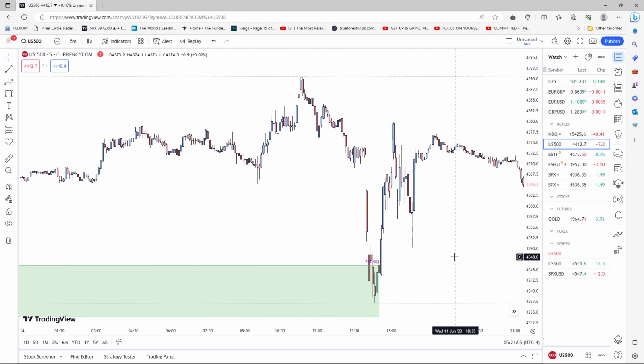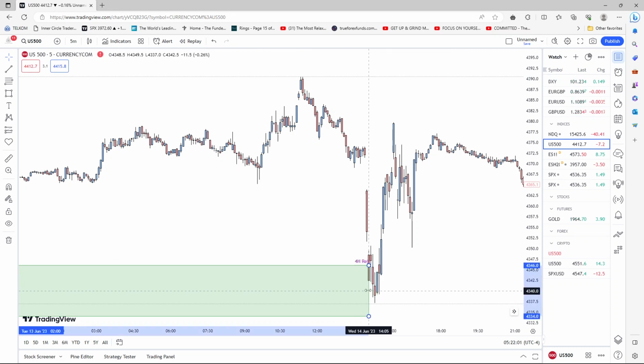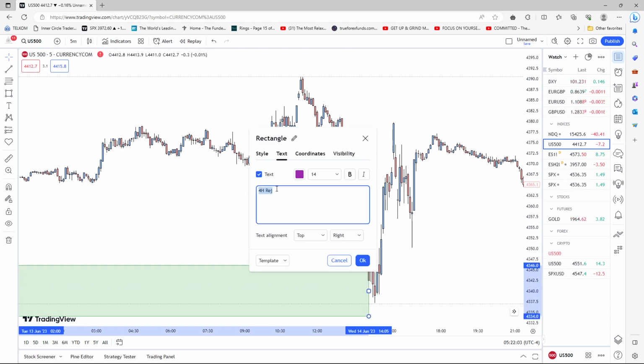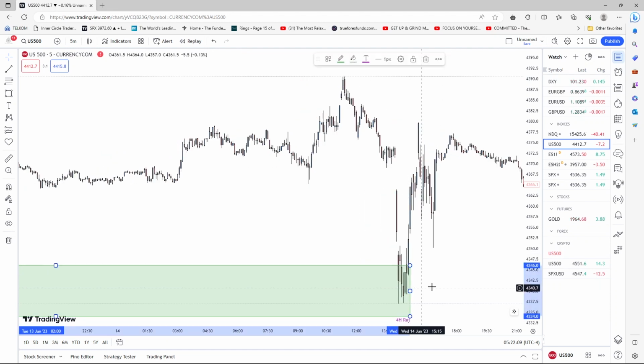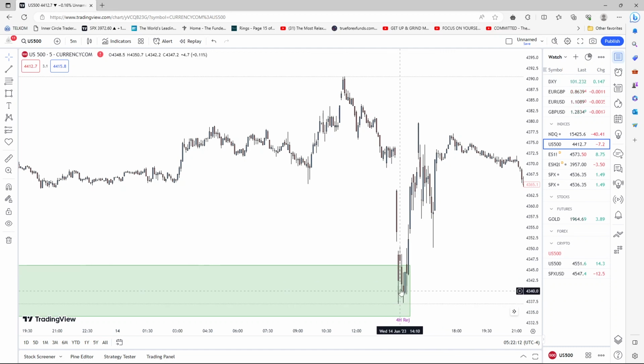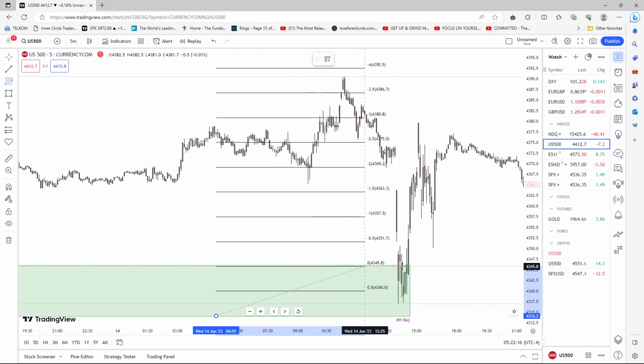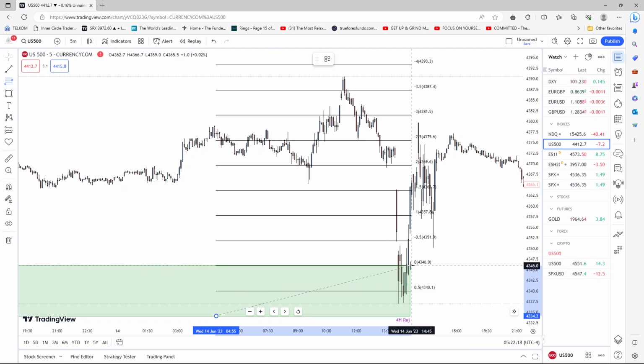So looking at this example and this trading idea, price came into this 4 hour rejection block. This should have been at the bottom. Price traded into this. It rejected it. Let's measure that. See that 50%.